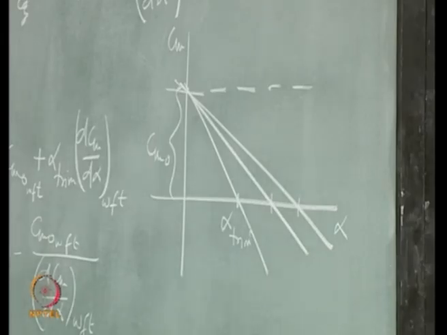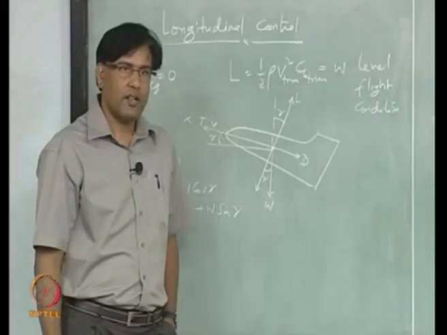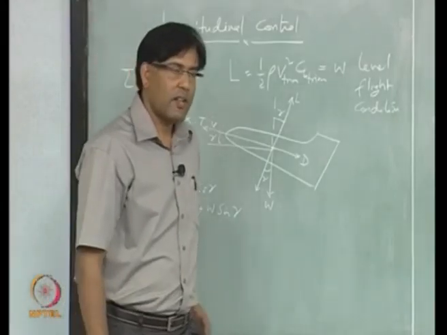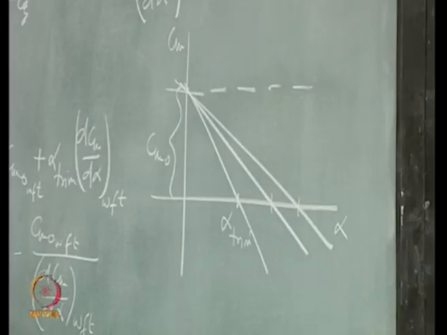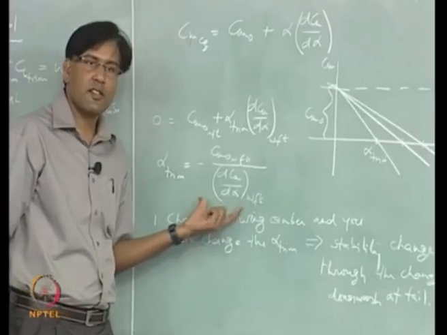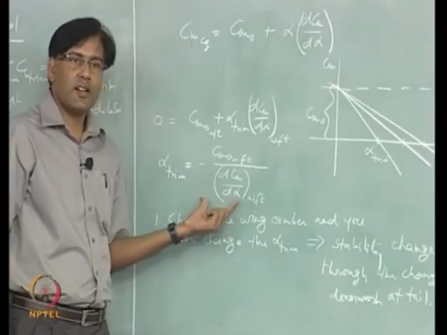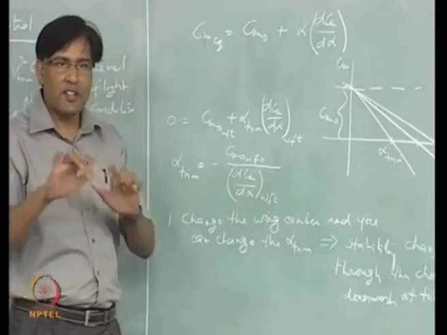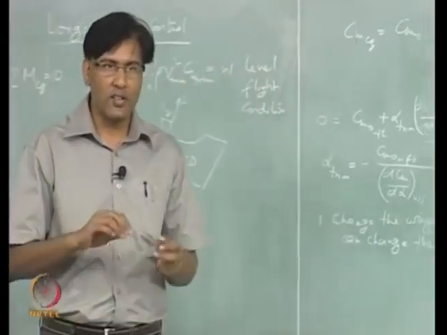How do you do that? You are changing this, right, everything else is fixed. Now, what is there in your control?